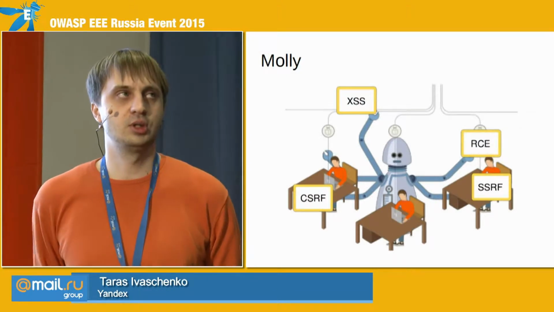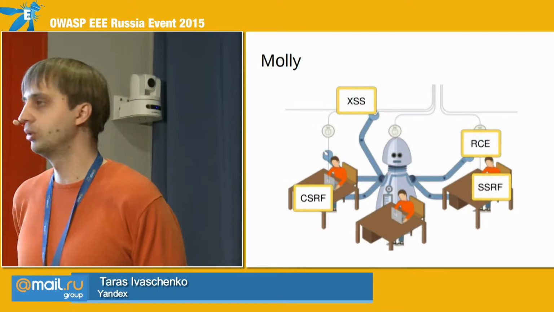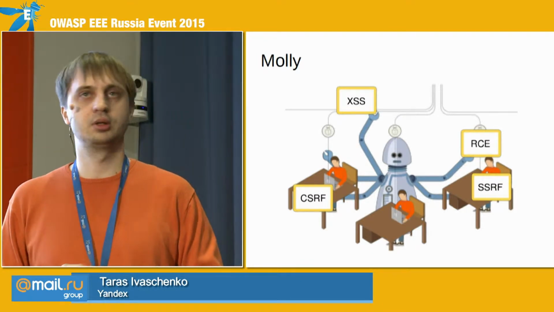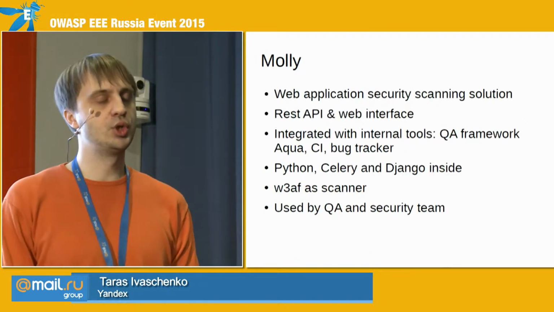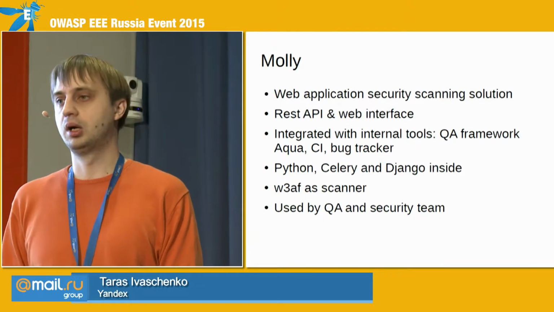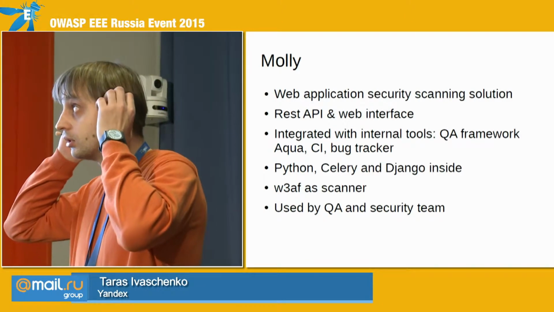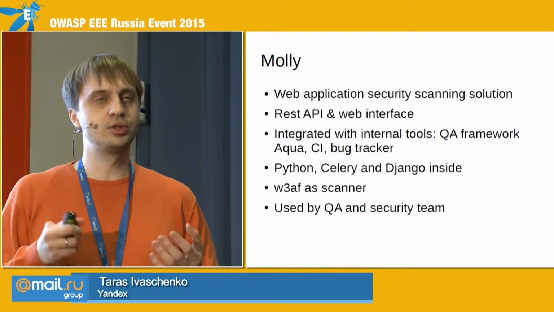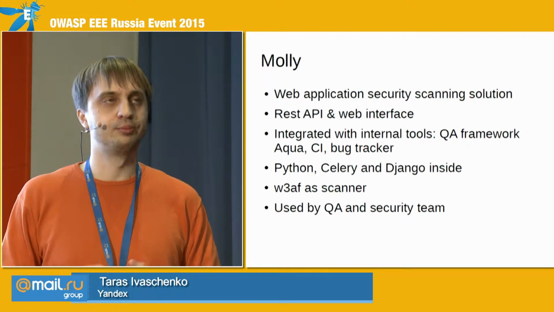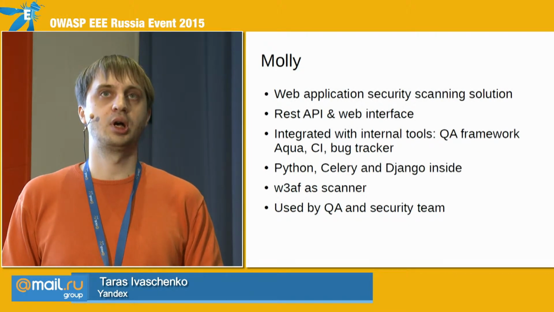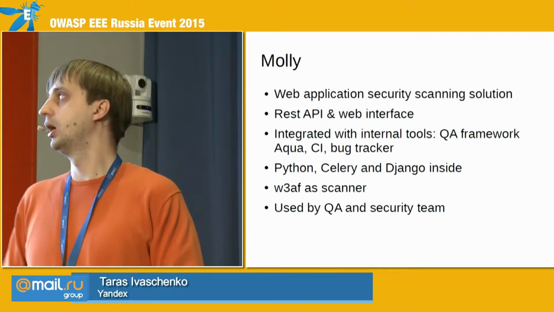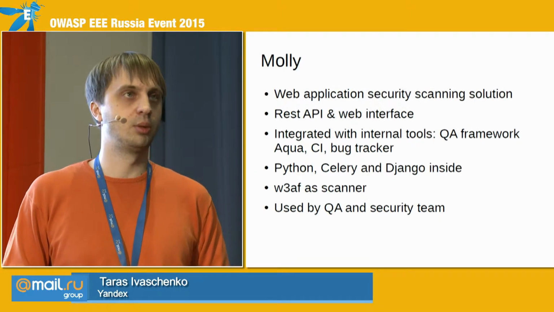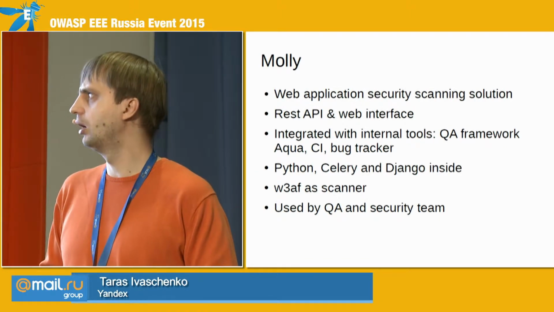The first one is called Molly. It's a distributed web application security scanning solution. It's an internal web service built with Python, Django, and so on. It uses a scanner called w3af.